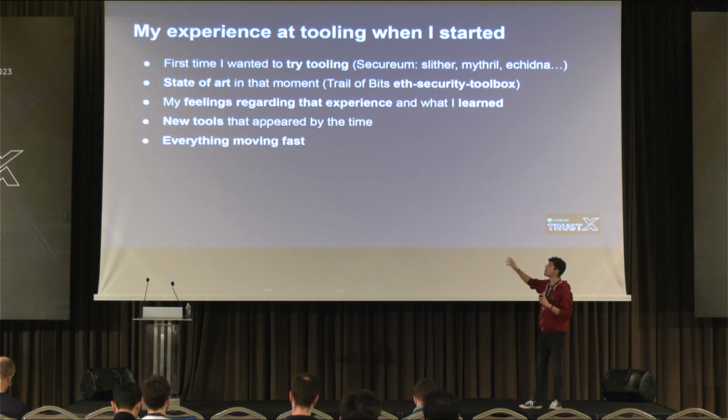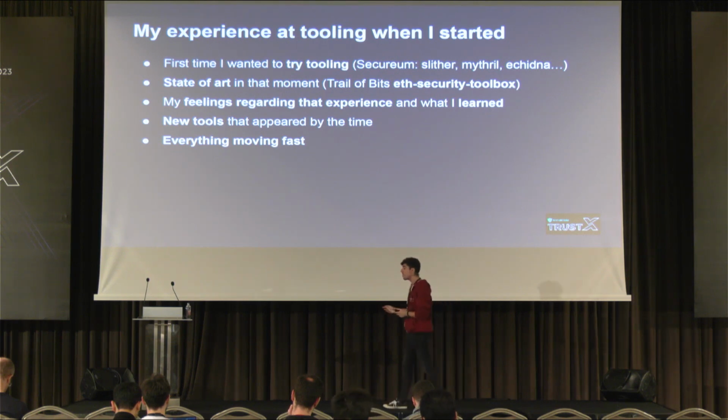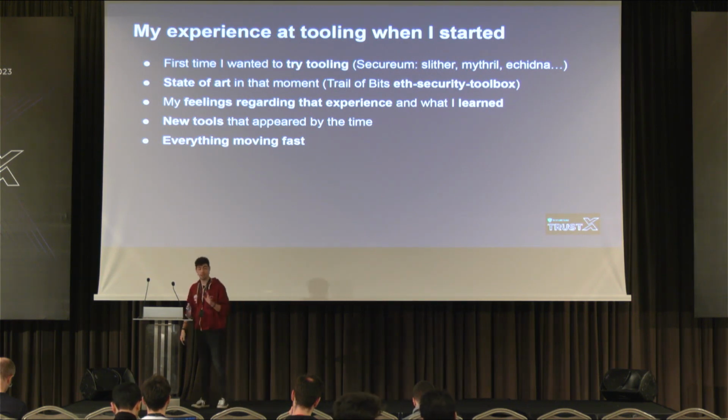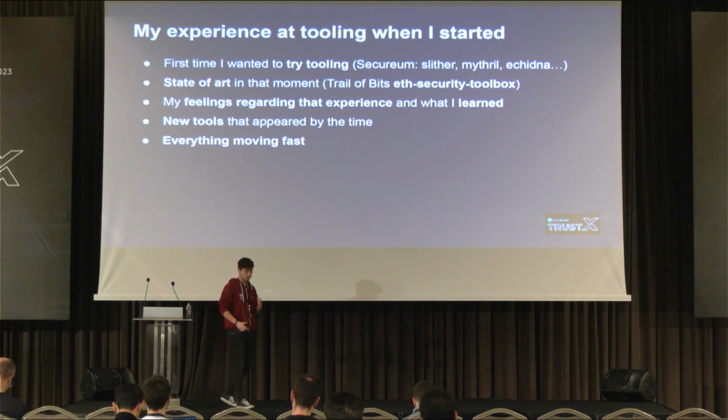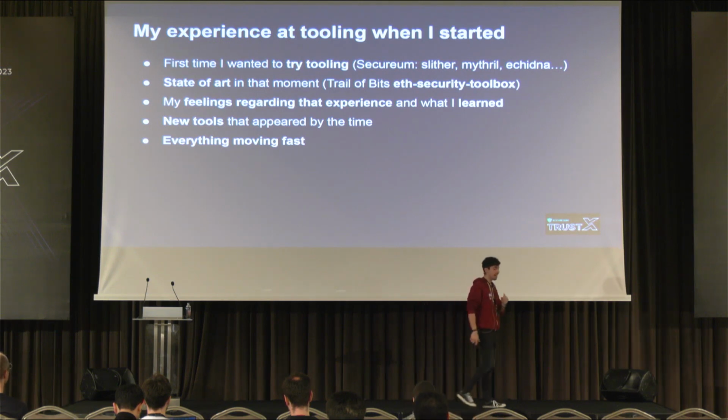There were also different options, like the Trail of Bits security toolbox. I really liked it. To try those tools, I downloaded it and built it, and I liked the idea. But it was on Ubuntu 18, which is not easy to change. And when Foundry appeared, I had a lot of issues with glibc, one library.